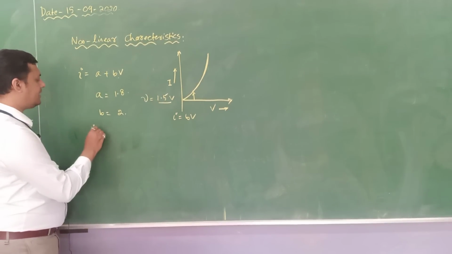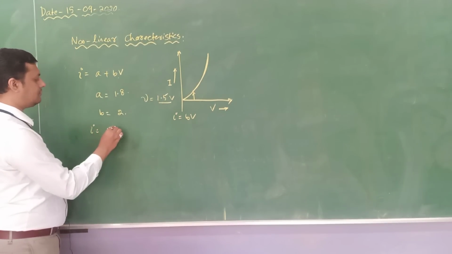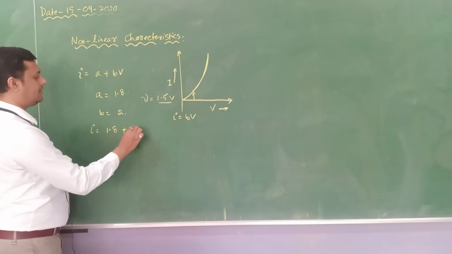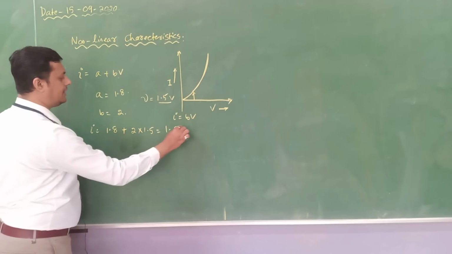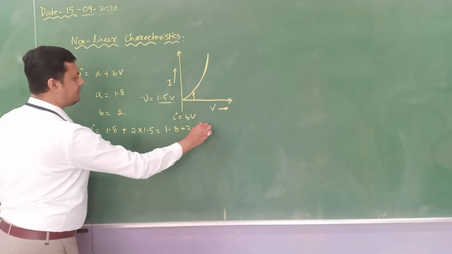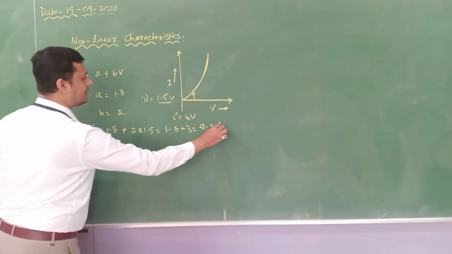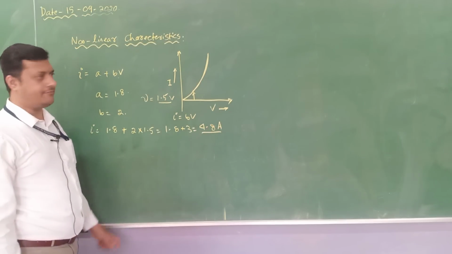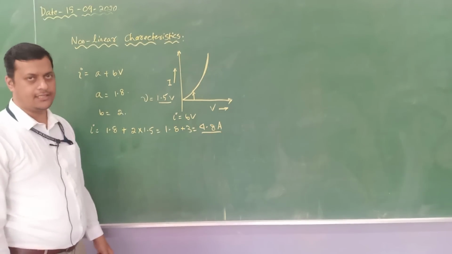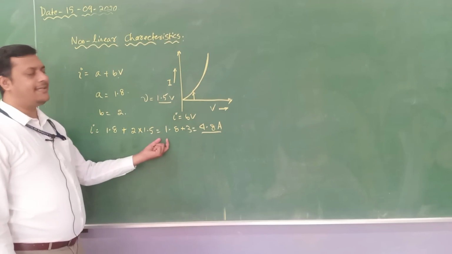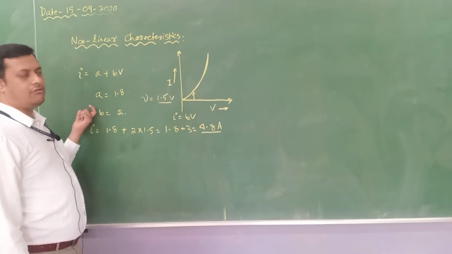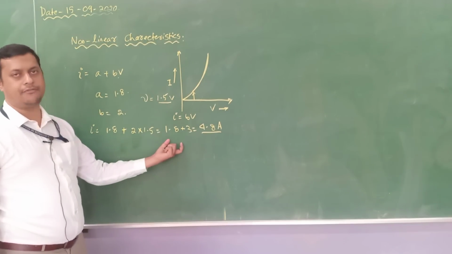The output current I equals 1.8 plus 2 into 1.5, so it is 1.8 plus 3. That means 4.8 ampere current is generated. So with the nonlinear characteristic, with a small amount of potential, we are drawing the maximum current.